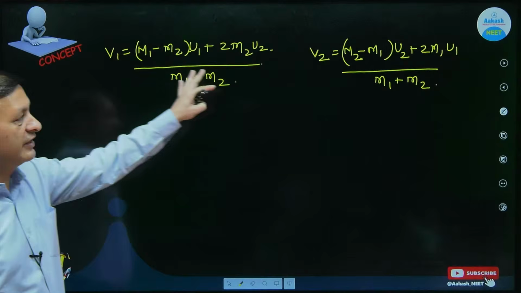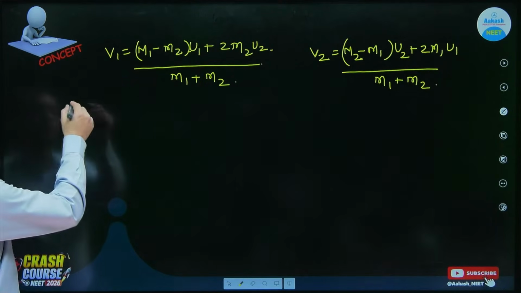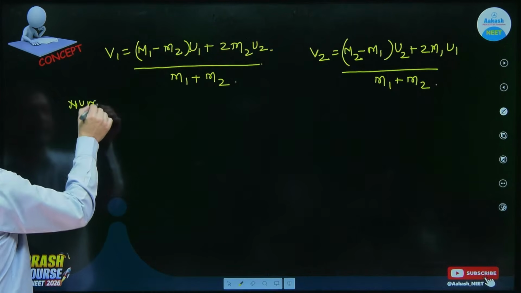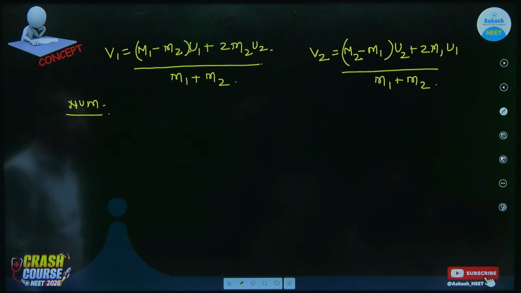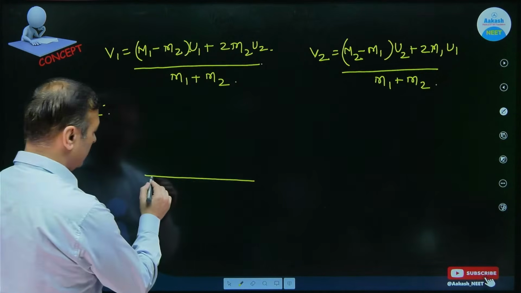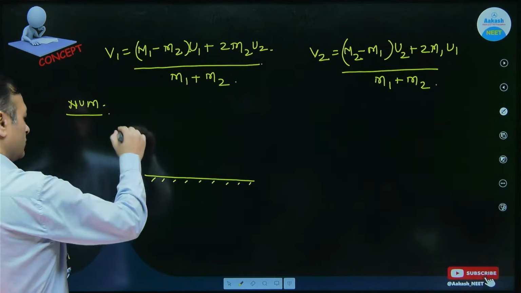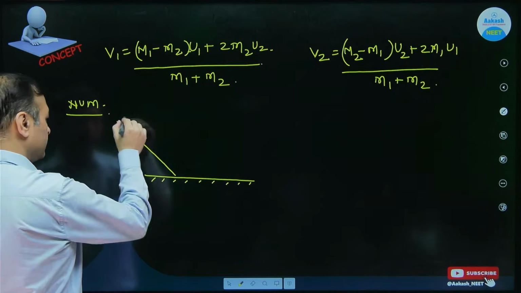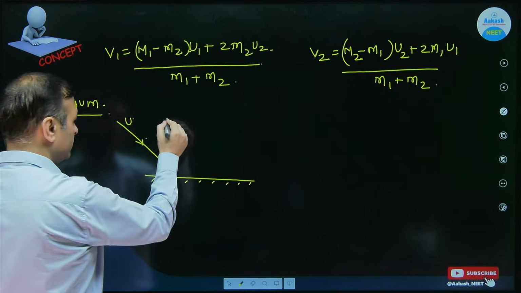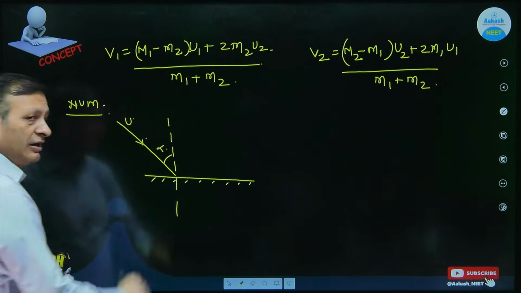So we can make use of all these formulas, and I would like to teach you a very fine numerical before I close my session, and this is a very important numerical. Let's suppose you have one body moving with speed u, which strikes the surface at an angle alpha.